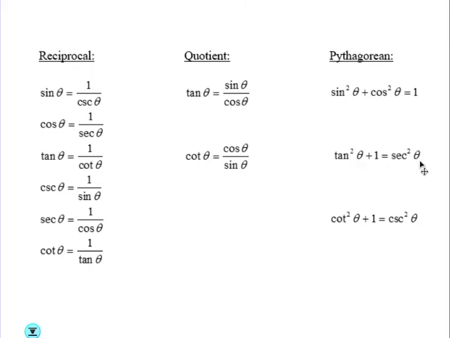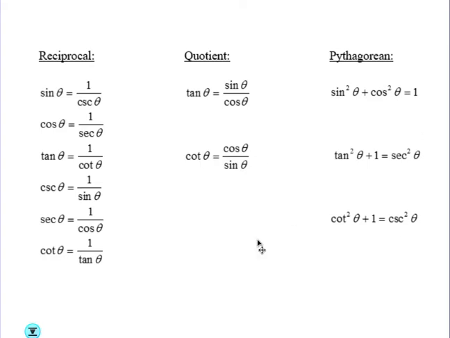Tangent squared theta plus 1 equals secant squared theta. And if you divide this by sine squared theta, you end up with this third identity here. Cotangent squared theta plus 1 equals cosecant squared theta.